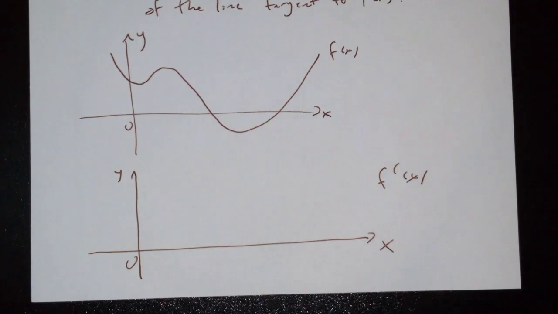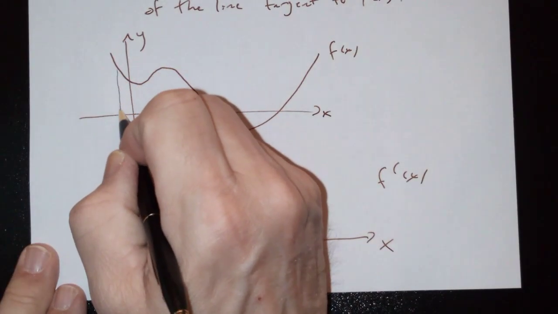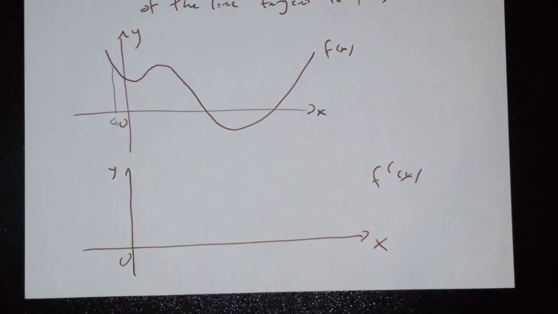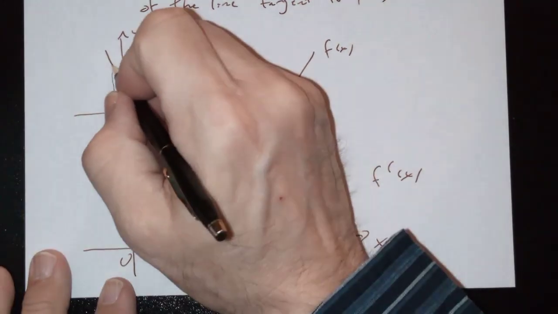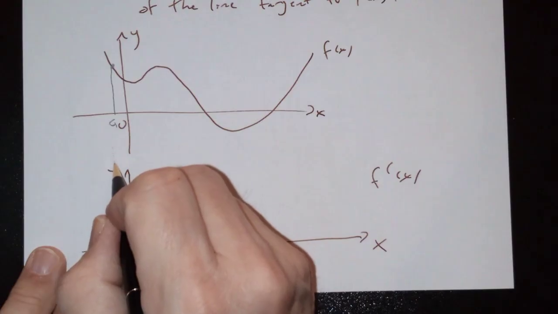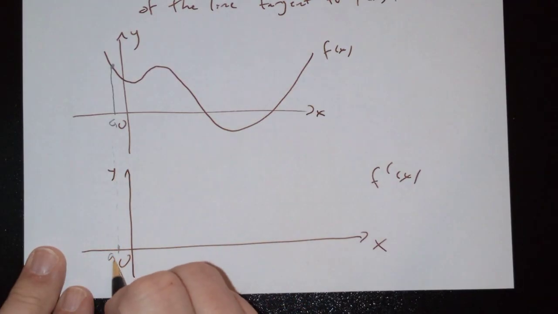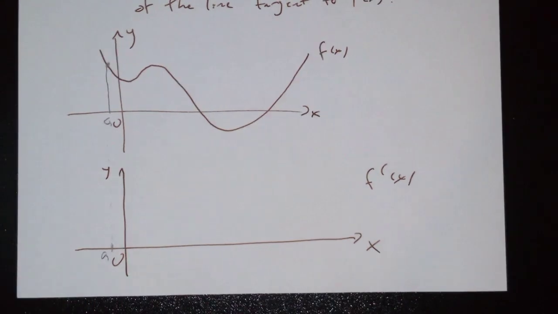So let's think about all the way on the left edge over here. If I drew a tangent line to this curve, let's say at this x value, there's my x value a.